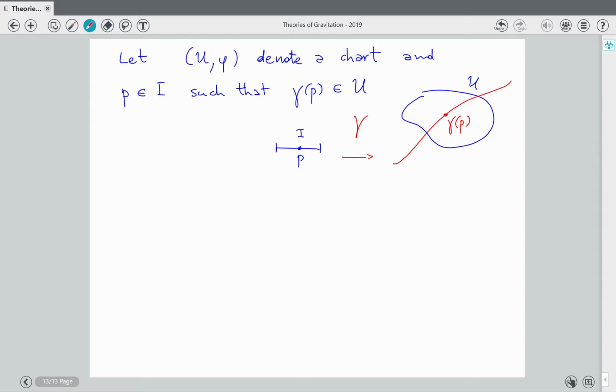So how do you express the curve? By means of those coordinates.